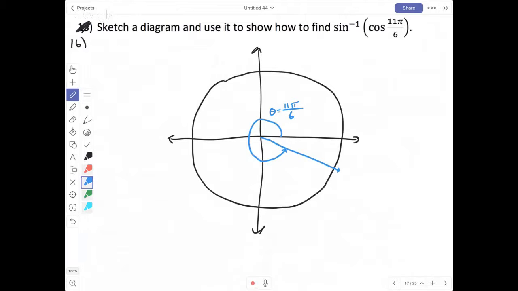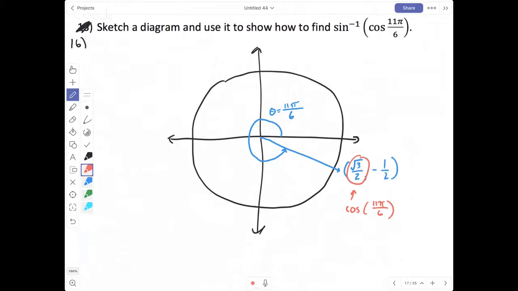The point on the unit circle right here is root 3 over 2, negative 1/2. And the cosine is, of course, the x value. So that right there is the cosine of 11 pi over 6.